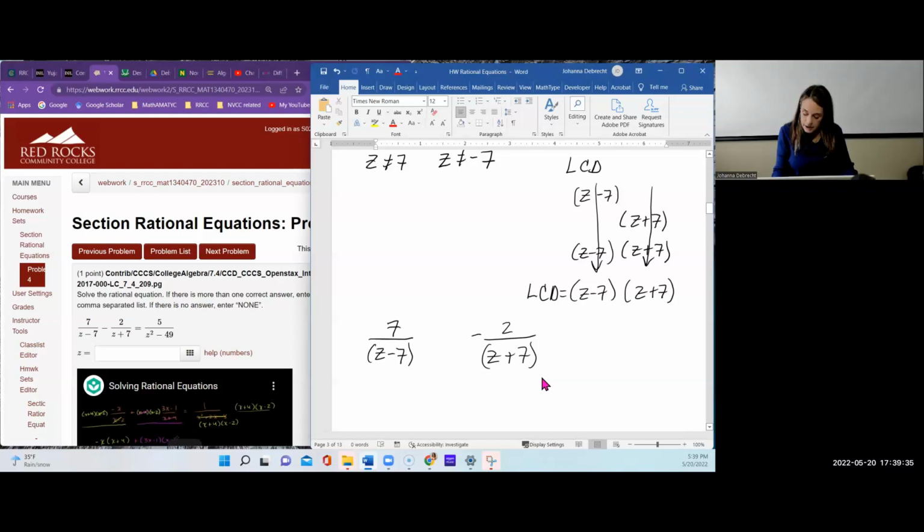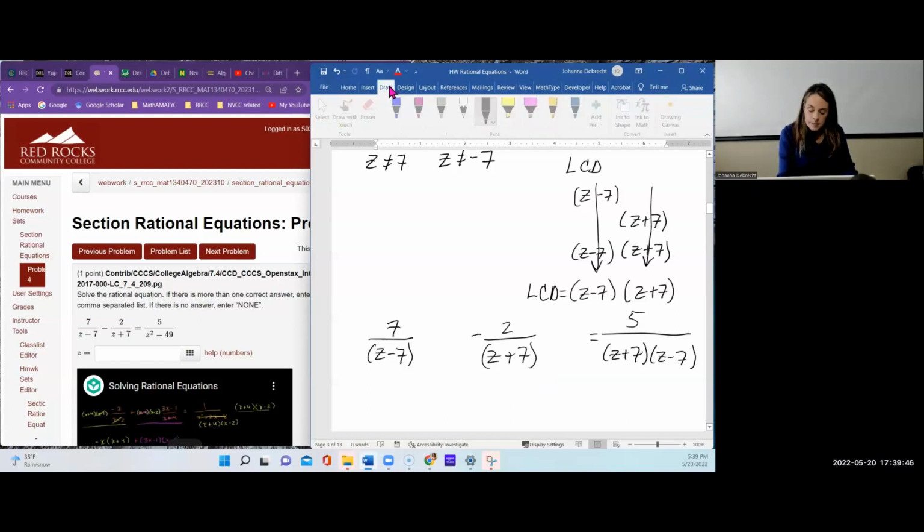Then we have an equals, and then we have 5 divided by the factored denominator, z plus 7, z minus 7. Now we're going to multiply by the lowest common denominator on each individual term, separated by the minus sign in the open and the equal sign.